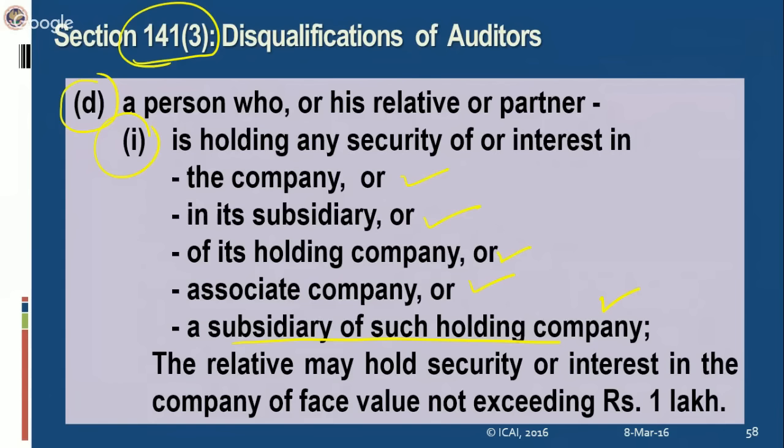Company, subsidiary, holding, associate and subsidiary of holding company. A relative has been allowed to hold security of face value not exceeding 1 lakh. Up to 1 lakh he can hold.